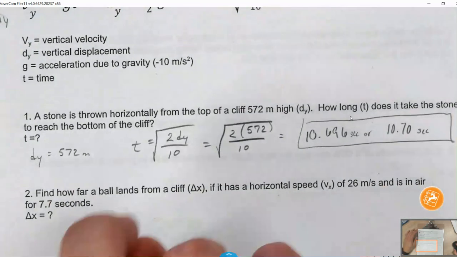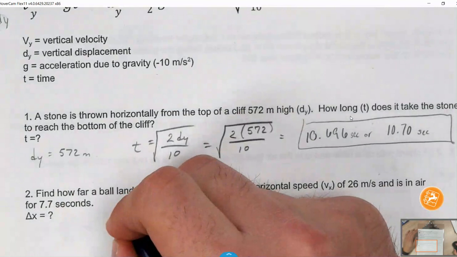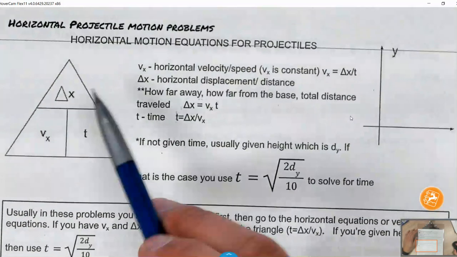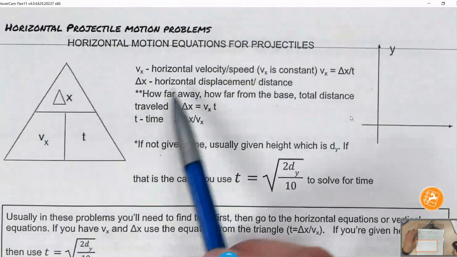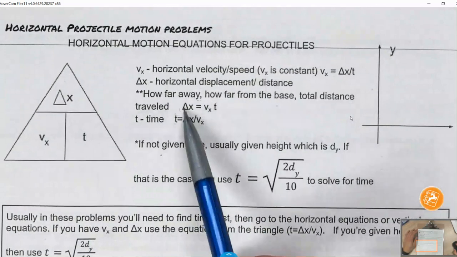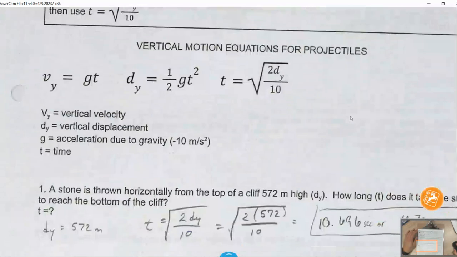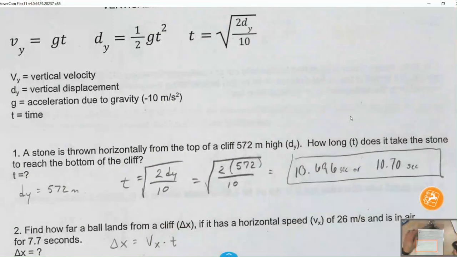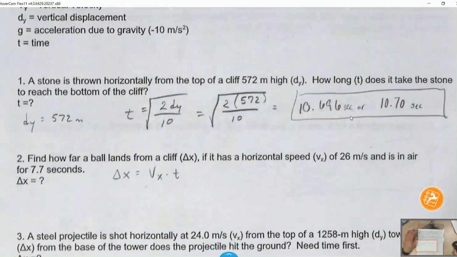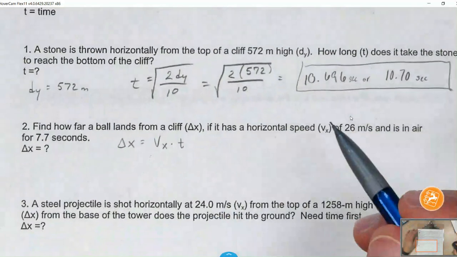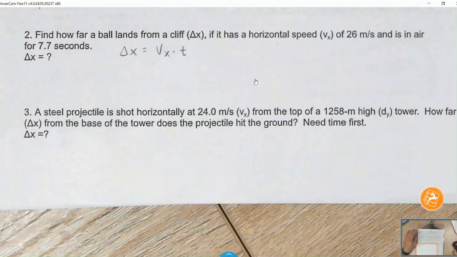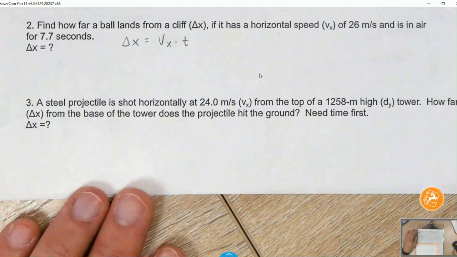So for delta x, if I look up at the top, delta x equals vx times time. I already have those two pieces of information, so all I'm going to have to do is multiply. You guys can do that one, super simplistic. Let's move to one where you have to do a side quest.